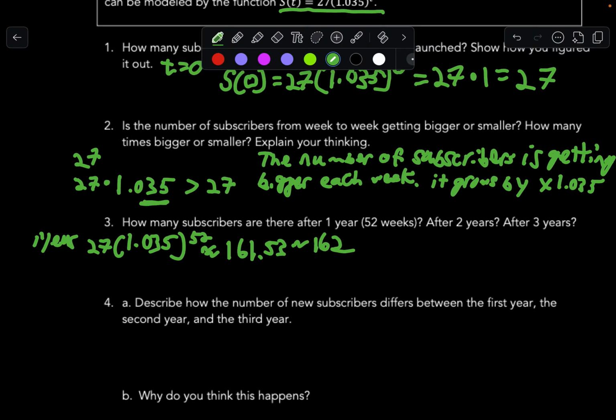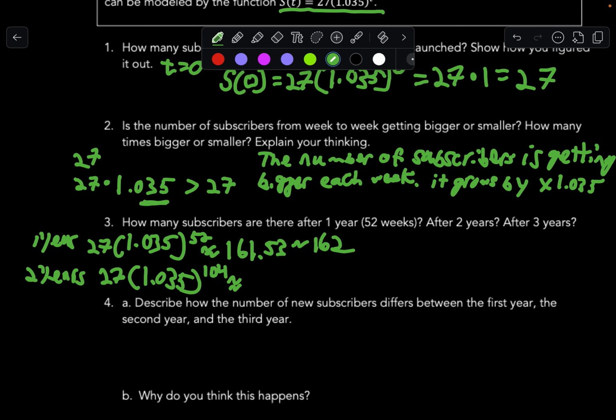All right. Now, they want after 2 years. So 2 years, it'll be 27 times 1.035. Now, 2 years is going to be 2 times 52, which is 104. So it's to the 104th power, which is a lot of multiplication.